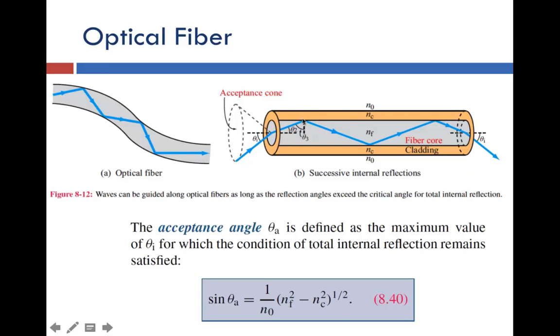And so if you look at the normal to that surface, the critical angle for that total internal reflection to occur would be theta 3. So we would have a definition of the critical angle theta 3 based on the ratios of NC and NF, the fiber and cladding indices of refraction respectively.